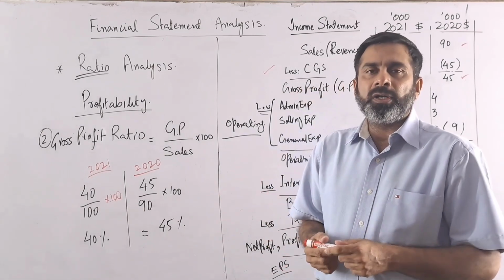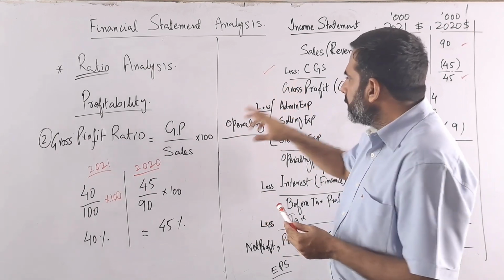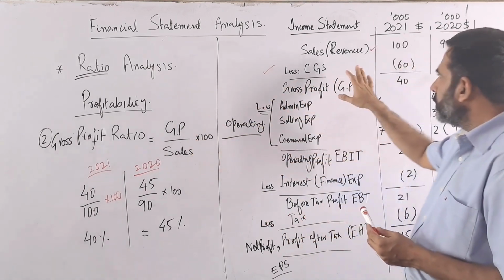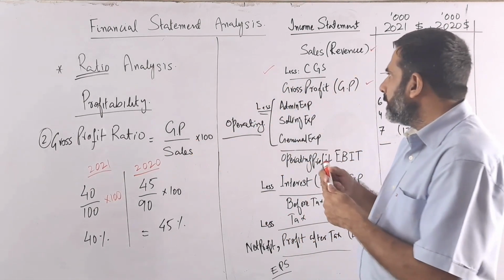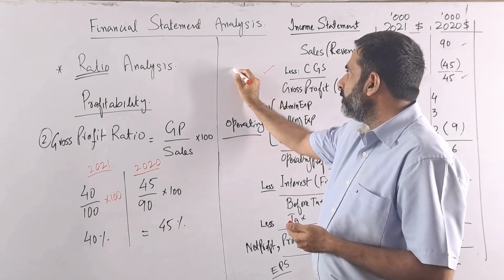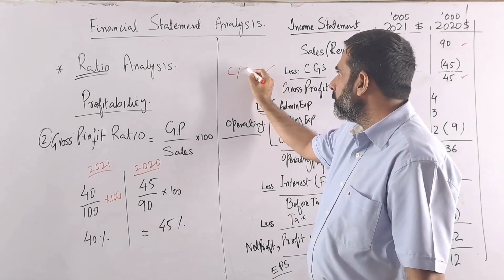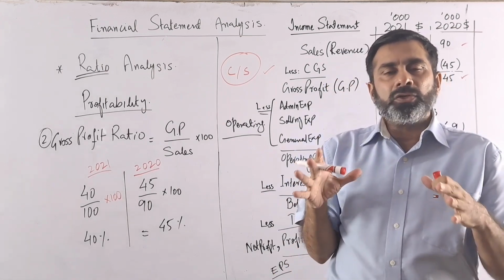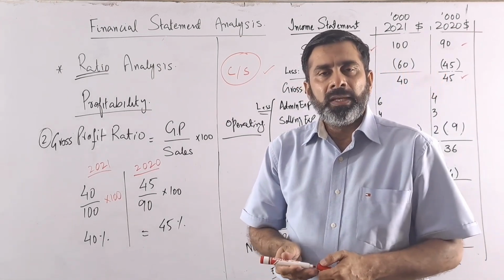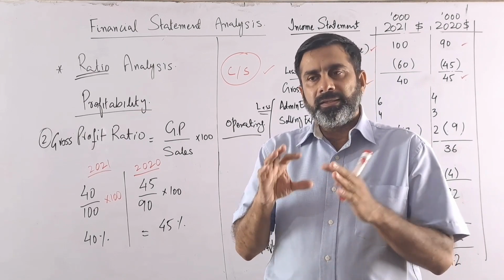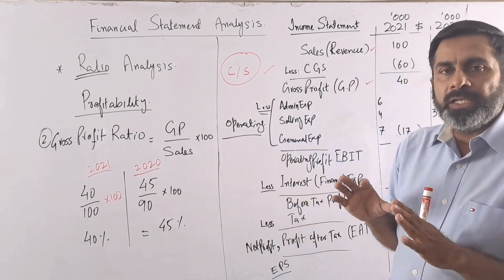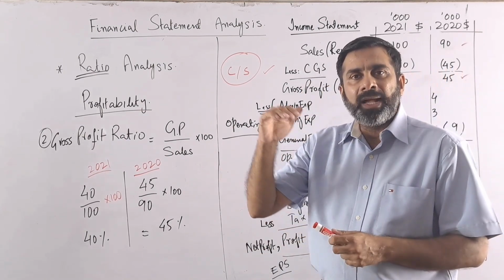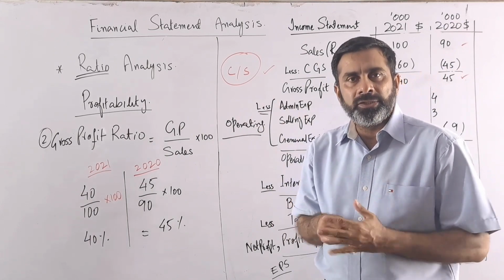And one more important thing, the gross profit is based on the cost of goods sold, and one important thing in the cost of goods sold is the concept of the closing stock, that how much closing stock you have. There's a possibility that there's no major change in the prices, but only the value of the closing stock is changing.